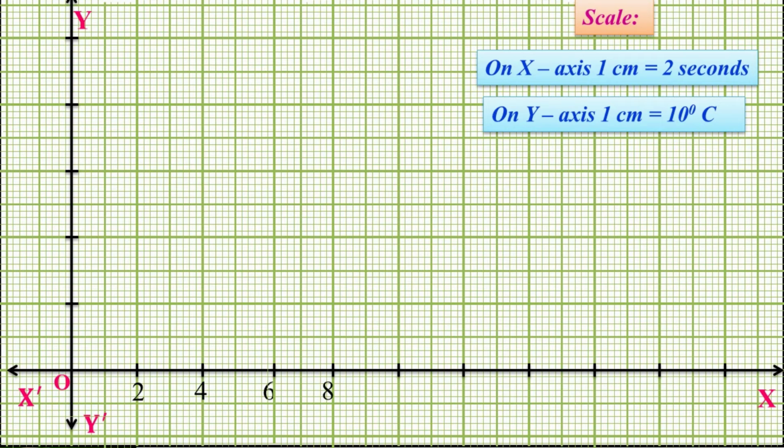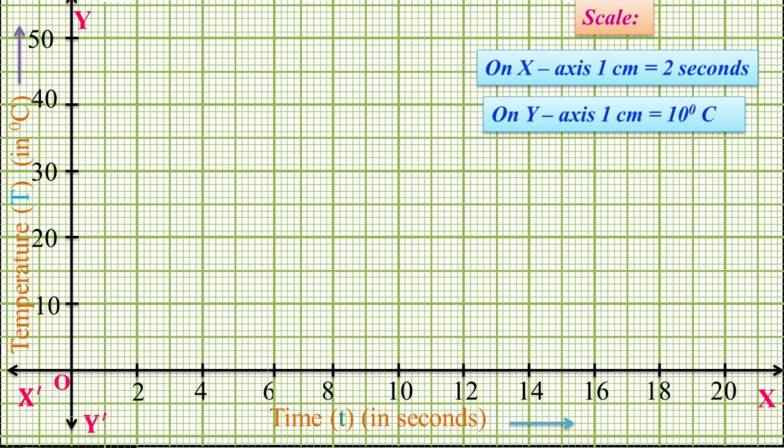Mark the points 2, 4, 6, 8, 10, 12, 14, 16, 18, 20 on the x-axis. Mark the points 10, 20, 30, 40, 50 on the y-axis.